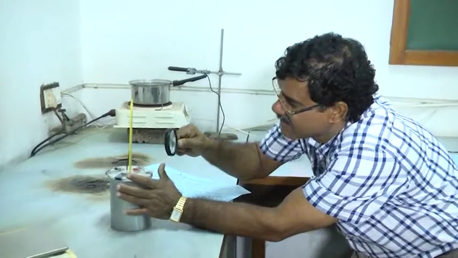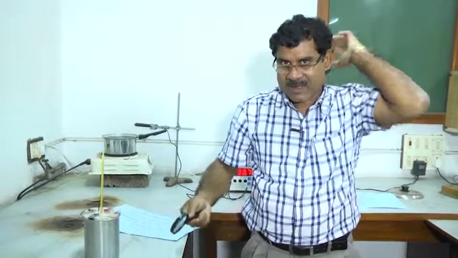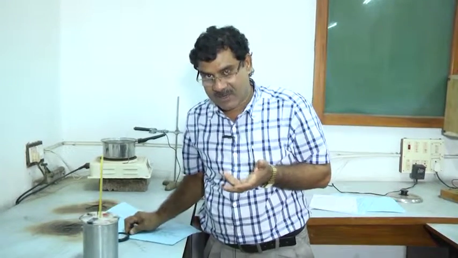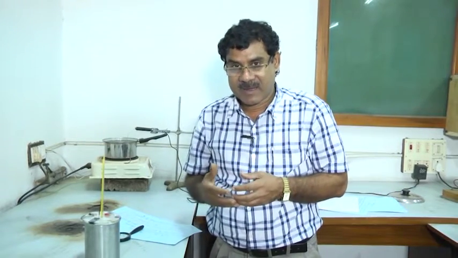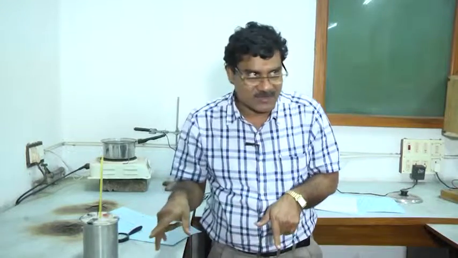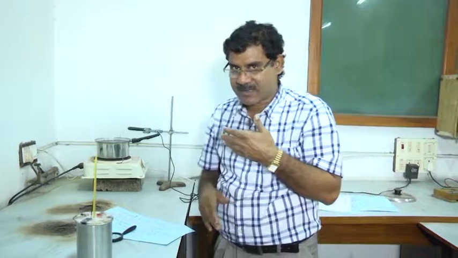I can take this reading as 33, and for a longer time it is 33. Equilibrium temperature depends on the quantity of your water, because I have taken more water, it seems. That's why this equilibrium temperature is 33.